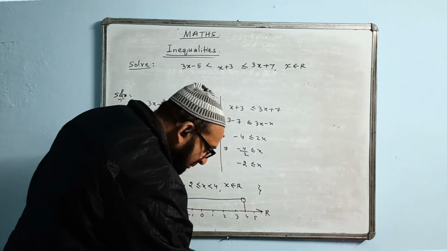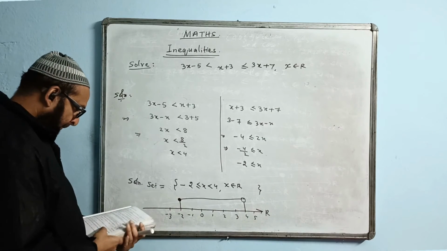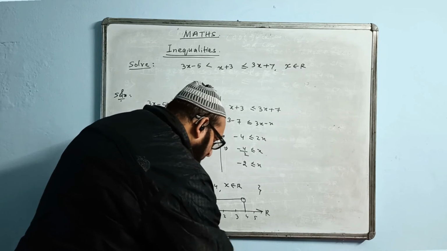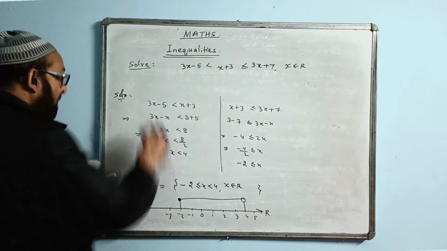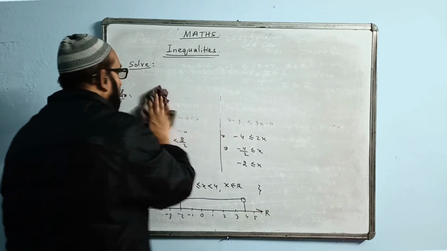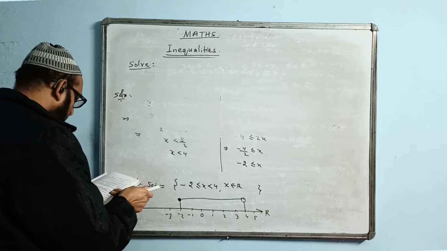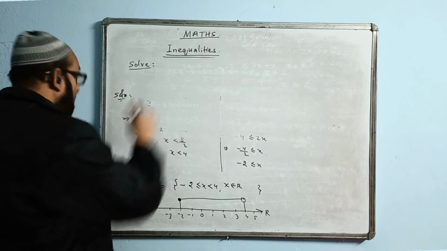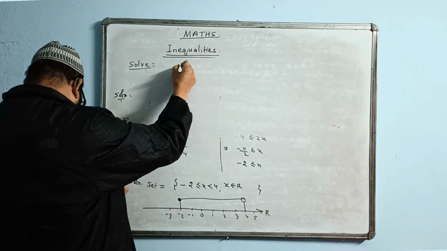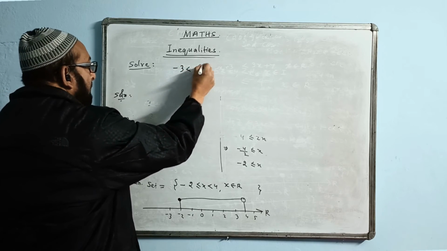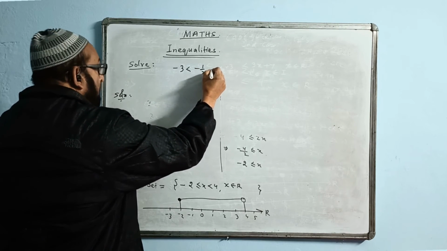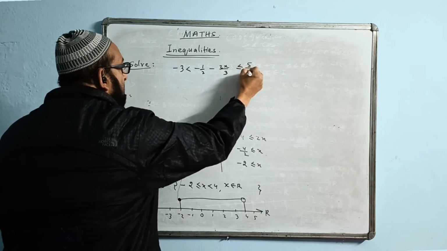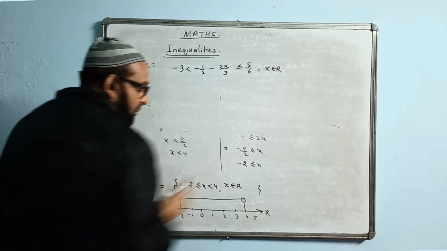This chapter is quite easy. Now the next question. The question says solve: minus 3 less than minus half minus 2x by 3 less than or equal to 5 by 6, and x belongs to R, real number.